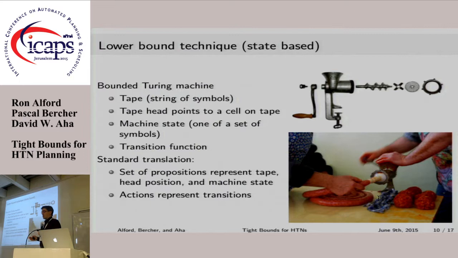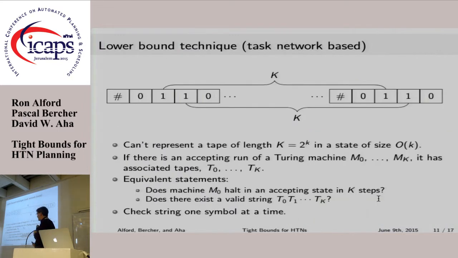We use it in our paper for proving that totally ordered problems are EXPSPACE-hard, which is equivalent to EXPTIME. But if we're trying to encode a tape of exponential length in a set of propositions, which is not that big, we can't represent the whole tape at once. So instead, if we look at a Turing machine and we think about its execution, we have the first state that it starts in, and step 1 we have a new configuration.